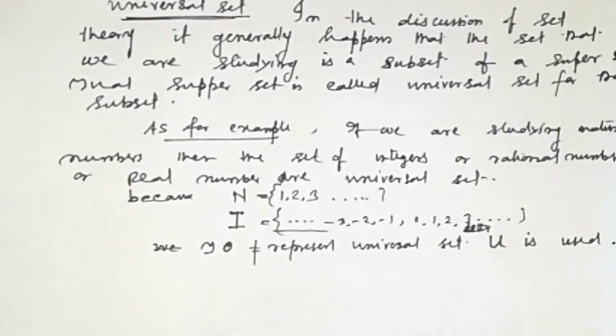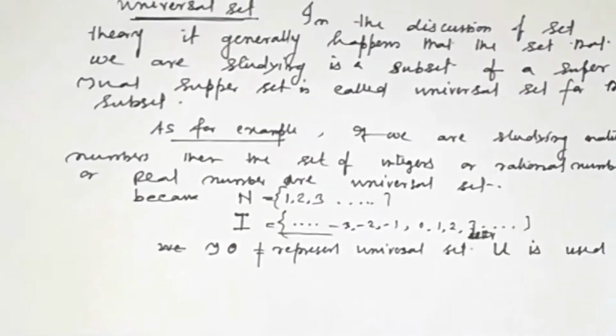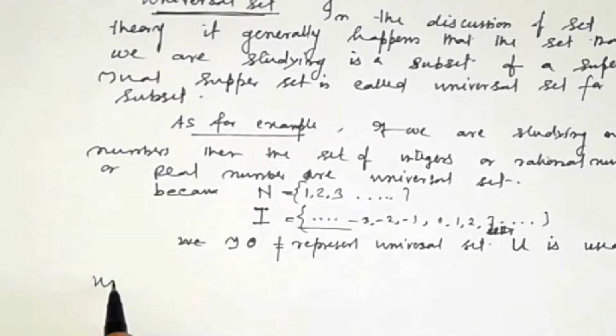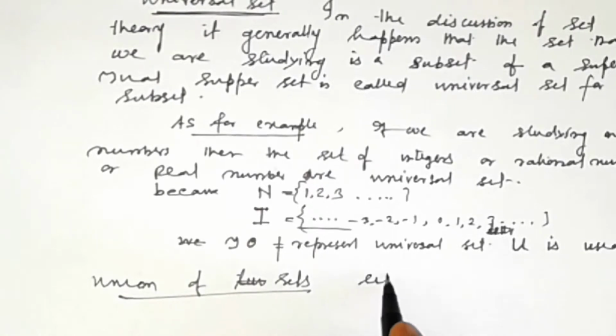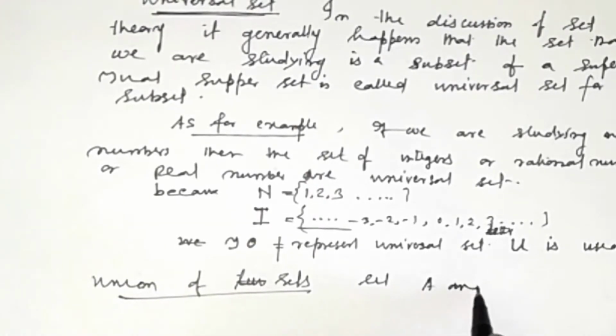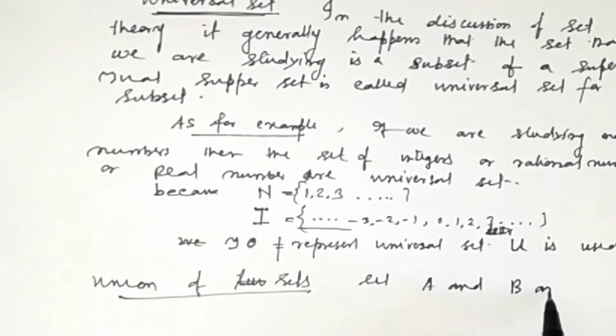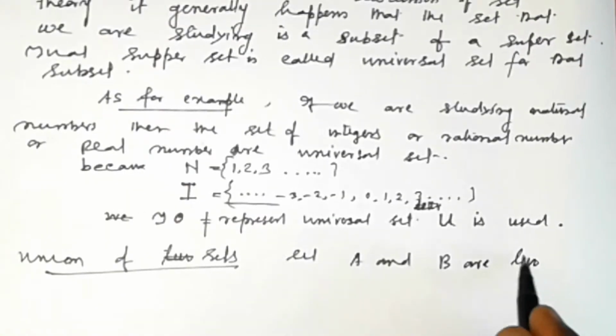Now we shall discuss about what is union of two sets. Union of sets. Let A and B are two sets.